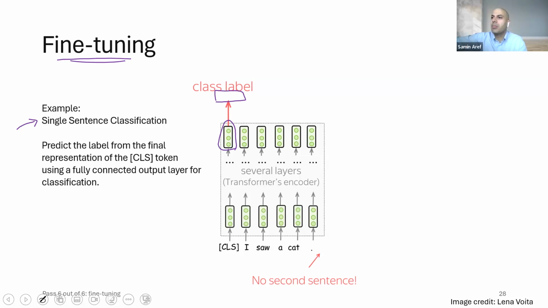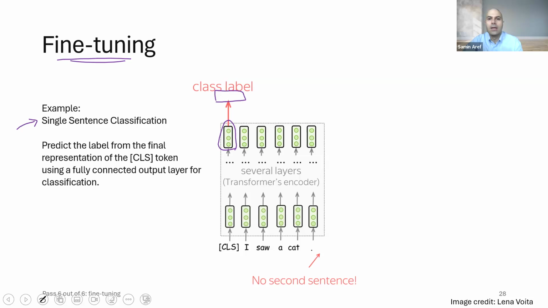I mean, it's not necessarily binary classification, but you can imagine that for the case of an email spam detector or sentiment analysis, this could very well be just a simple binary classification. So here we can attach just the fully connected layer, and do binary classification.